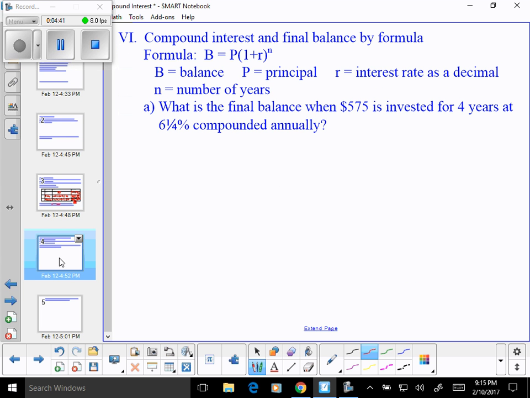The formula is B equals the principal times the quantity 1 plus the rate of interest, and that 1 plus the rate of interest has to be raised to the n, which is the number of years. Capital B stands for balance. The P stands for principal, which again is the money in the account or the loan.